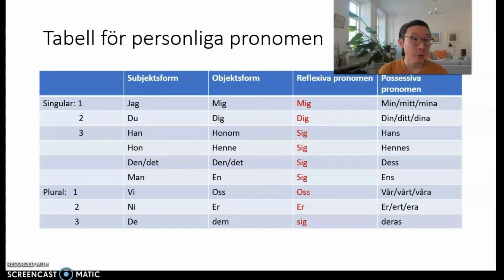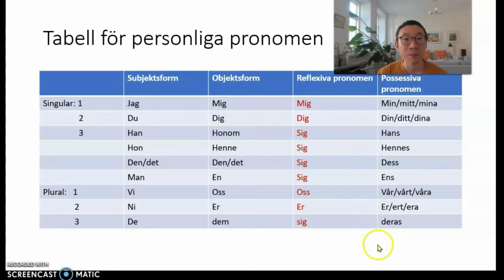Låt oss börja med att repetera lite personliga pronomen och reflexiva pronomen. Let's start with repeating reflexive pronouns. Så reflexiva pronomen är till exempel mig, dig, sig, oss, er, sig i svenska.